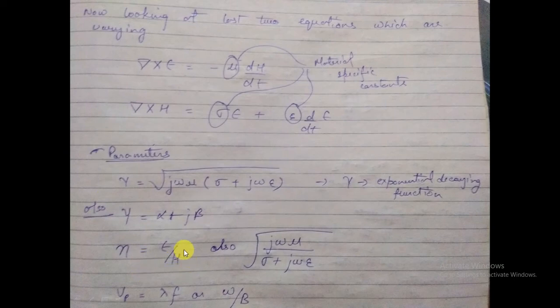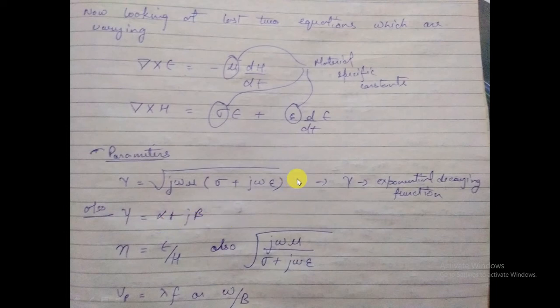Coming first to the propagation constant, it is basically an exponential decaying function. It decays the signal, that is, the electromagnetic field in the medium. Here, alpha is called the attenuation constant.